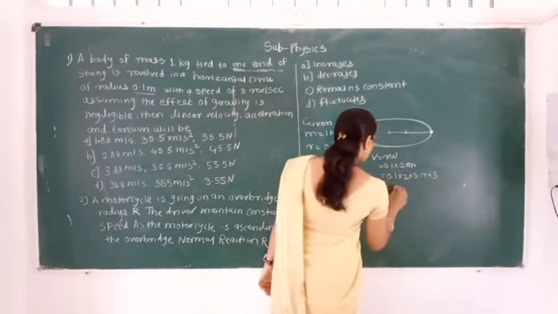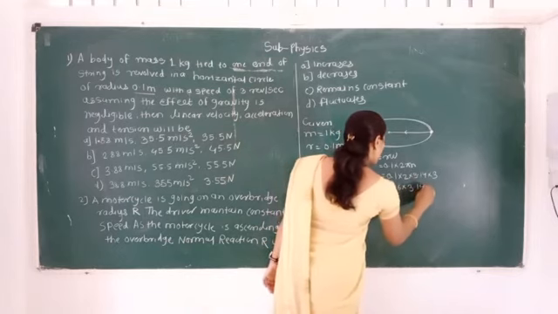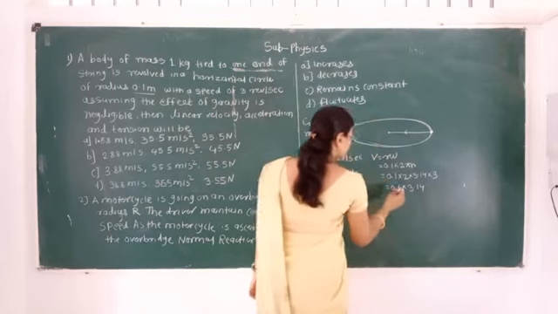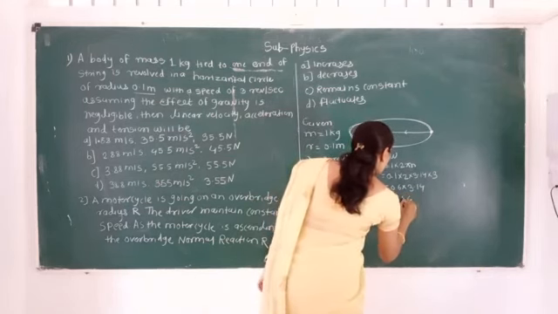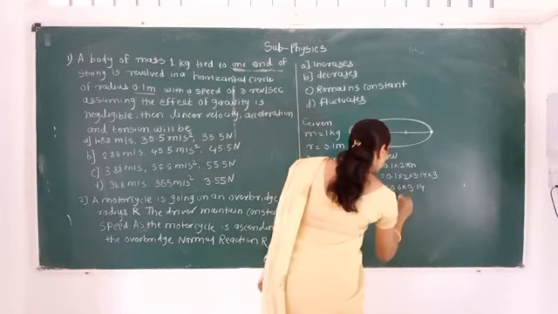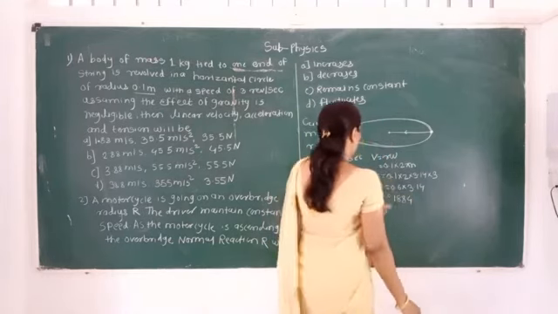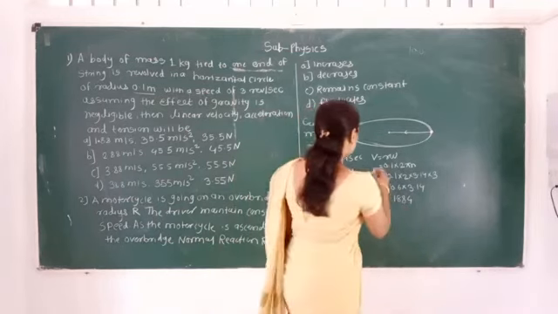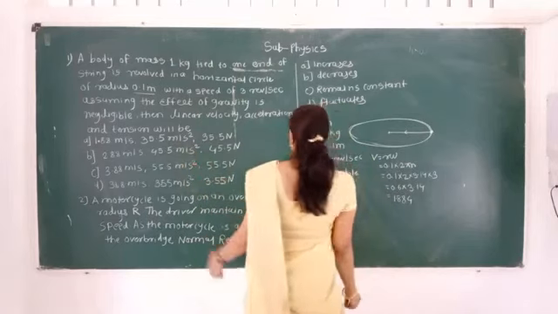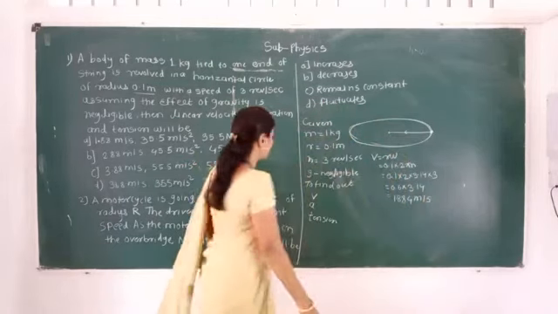So finally we will get here 0.6 into 3.14. Simple mathematical calculation is here. 4 is there. It is 8. Then 3 decimal points are there. So here 1.884. So it is the velocity. As per the unit, it will come in meter per second. So first we found the linear velocity.